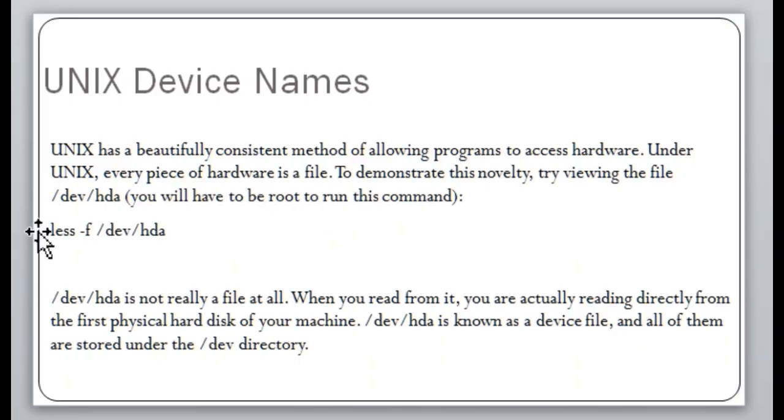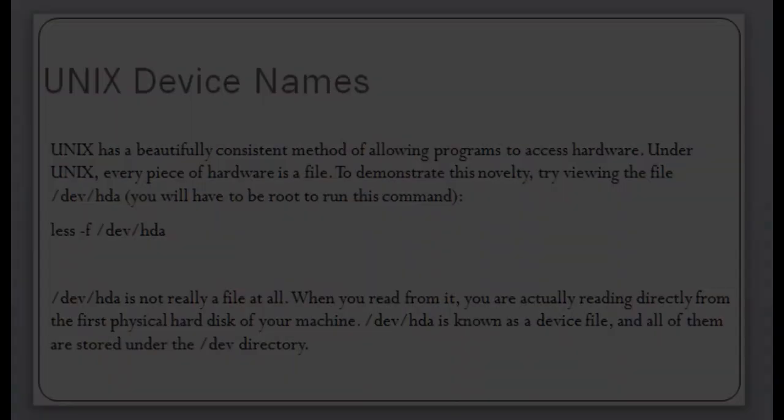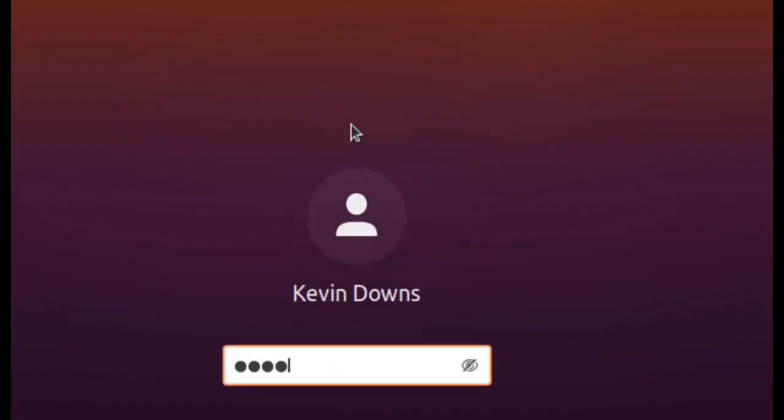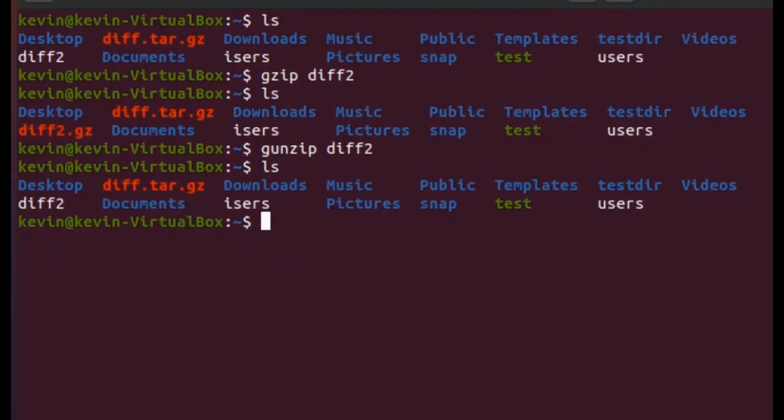So we can run less -f /dev/hda. Let's go ahead and jump to our VirtualBox and check that out now. So I'm going to log in here. Let me clear my screen.